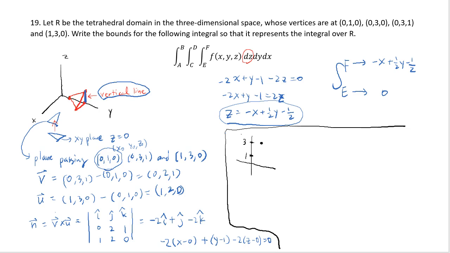So if you take these 3 points, which are already on the xy plane, and just ignore the z coordinates, then you can see what that bottom triangle looks like. That triangle is what you get if you flatten the entire object down to the xy plane. So now I have to describe this region using dy dx, meaning I have to paint upwards.